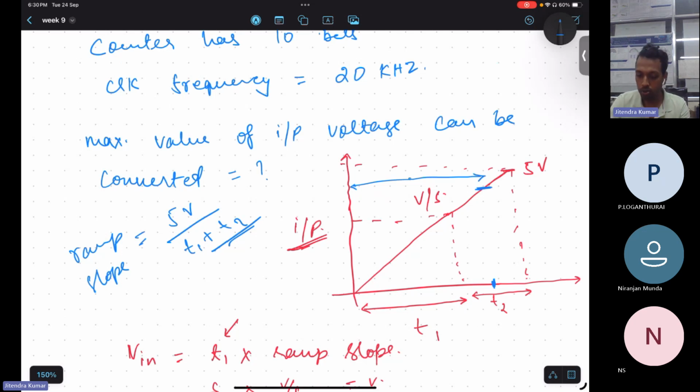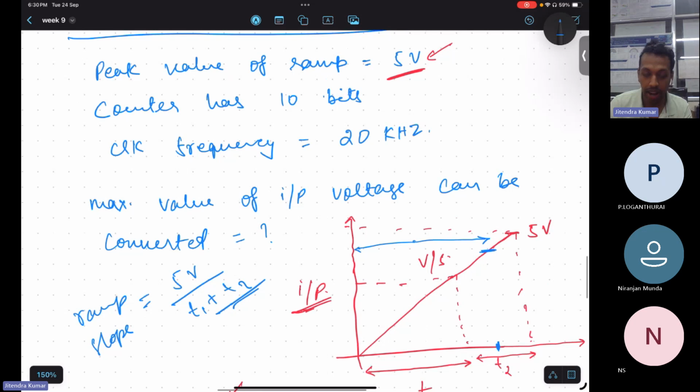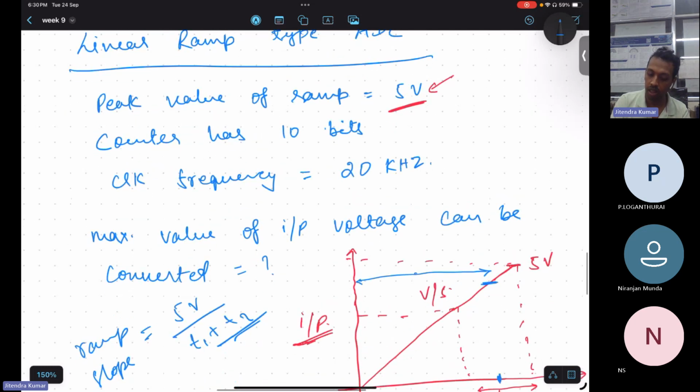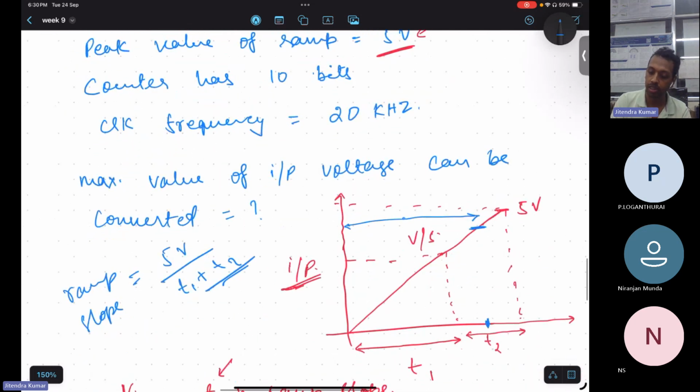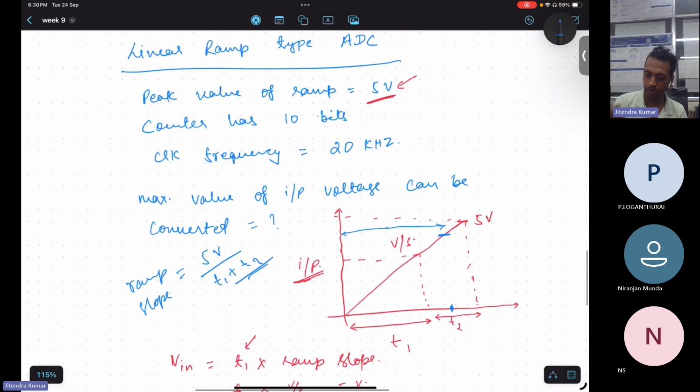So that kind of slope you will know, and you will identify the input voltage. So how much will be the maximum value of input voltage that can be measured or converted? Can you interpret with such a background?